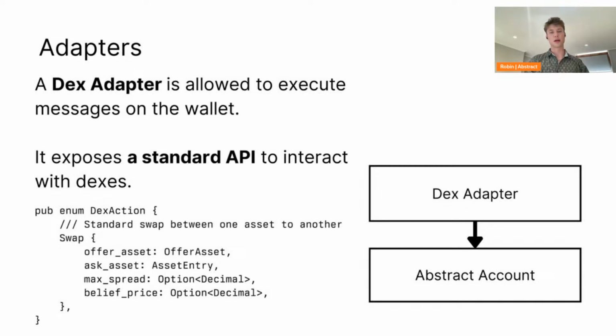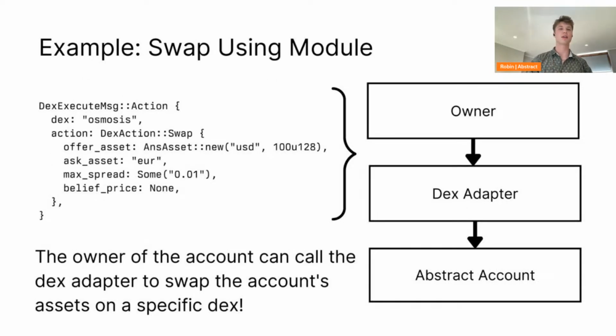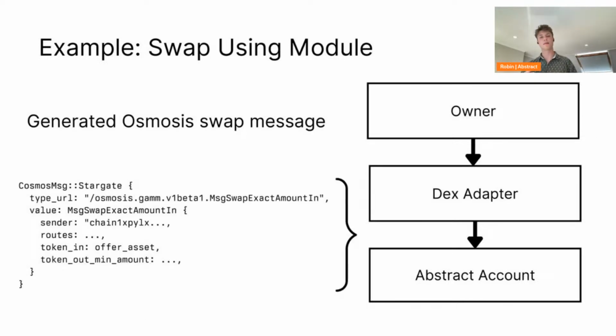Once you have given this message to the DEX adapter, so this is an example, you, as the owner of the account, can call the DEX adapter contract, and you can say, "Hey, can you do the swap on Osmosis, dollars for euros." The DEX adapter contract will be loaded and executed, and it will understand that you're trying to swap on Osmosis because that's the exchange that you requested.